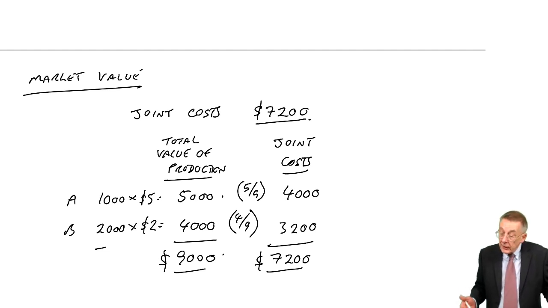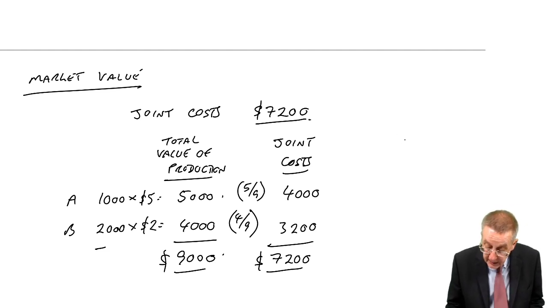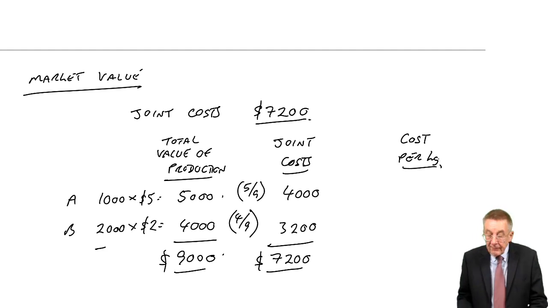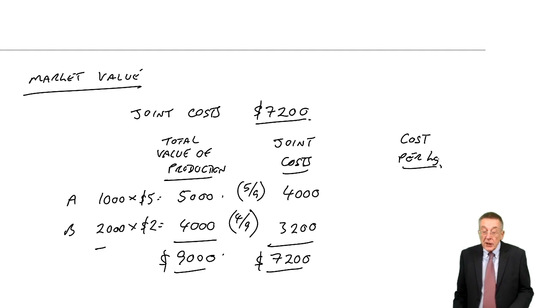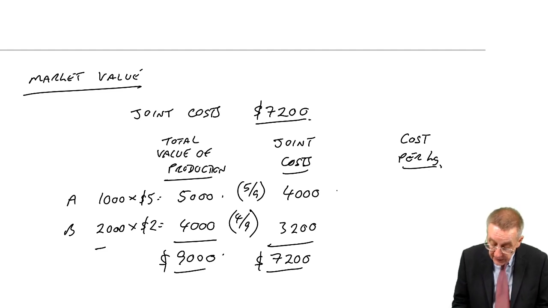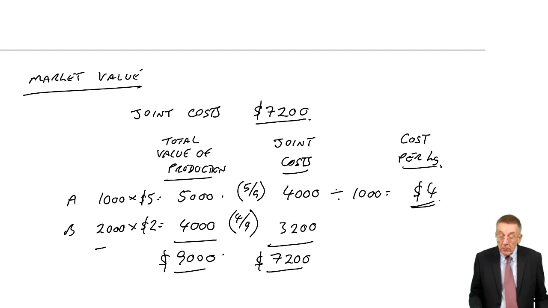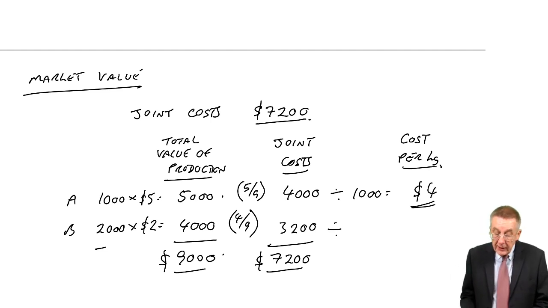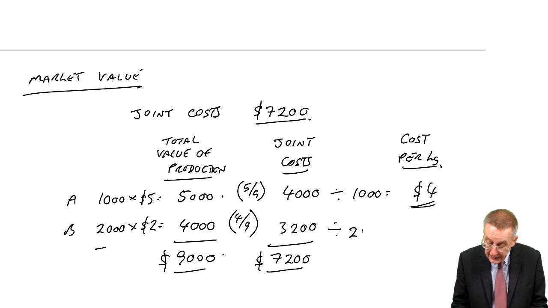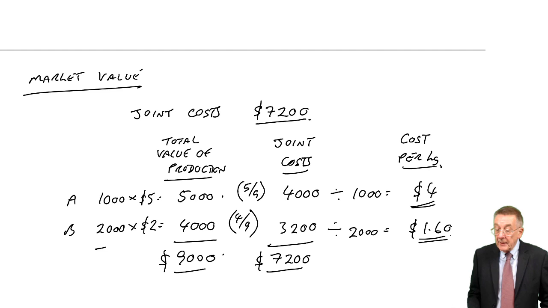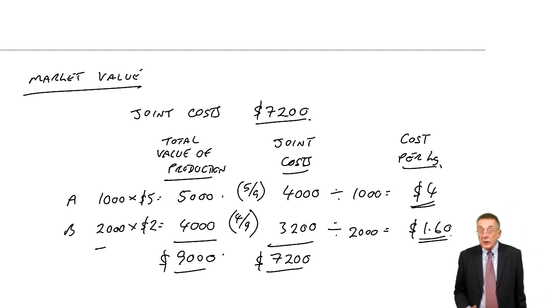I want the cost per unit, or here per kilo. And so now no problem. A total of 4,000 for production of 1,000, that one we'd give a cost of $4 a kilo, whereas B, 3,200 for 2,000, that could be given a cost of, sorry, $1.60.